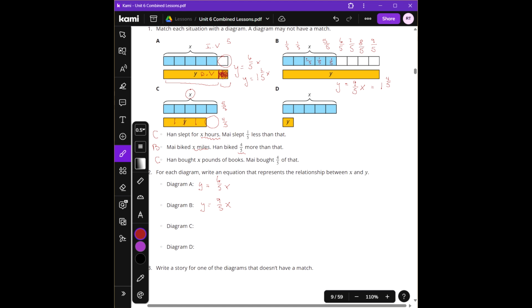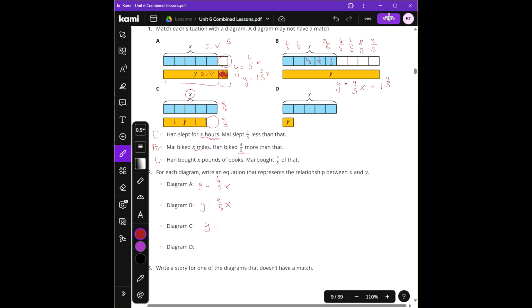C. So now I have my x and my y. Now y is less than my x, so it's going to be less than 1. So y is how many fifths of 5/5?